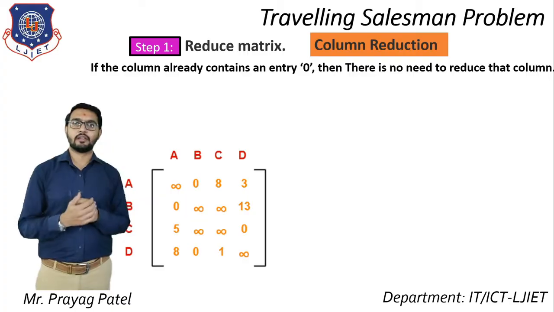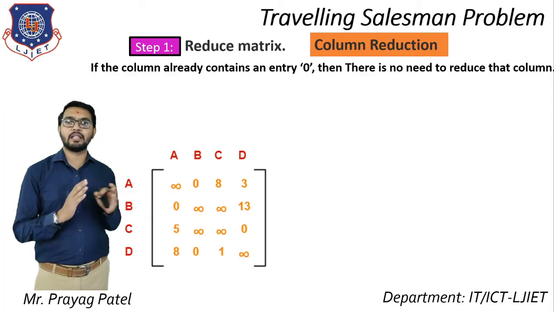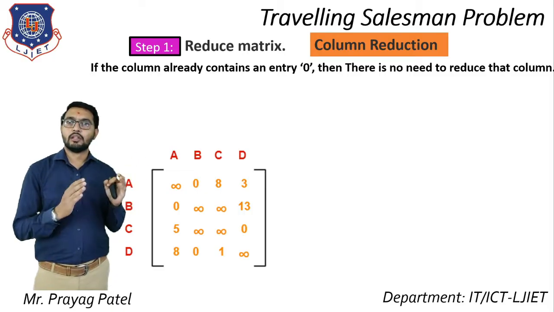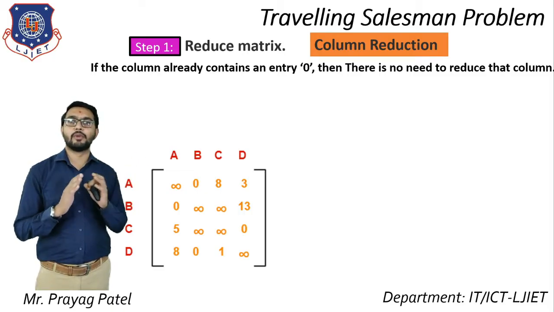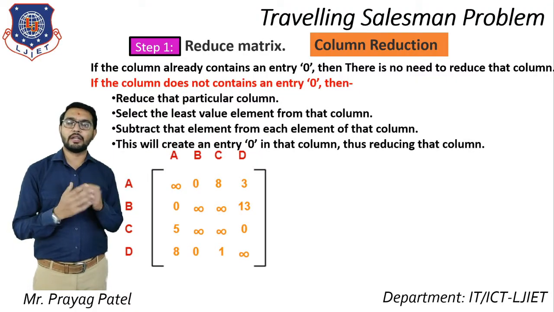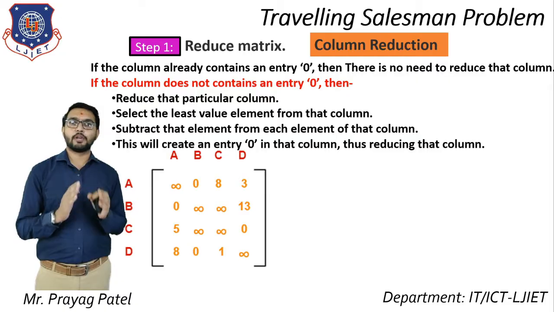Same way as row reduction. If any column contains a 0 element, then there is no need to perform the column reduction operation. But if the column does not contain a 0 entry, then reduce that particular column.